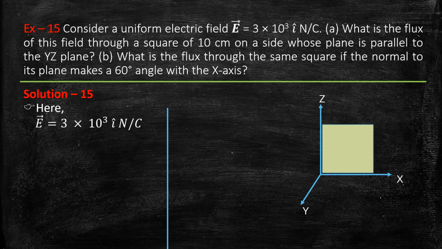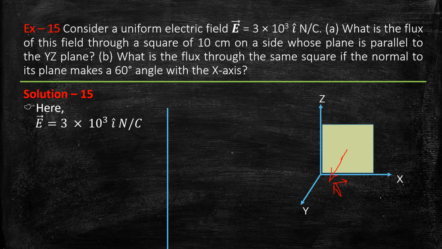So this plane is regarded as the xz plane or zx plane, and this is its area vector. The area vector is always perpendicular to the surface, so if the plane is xz, the area vector is along the y direction.